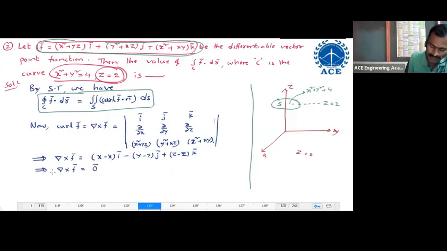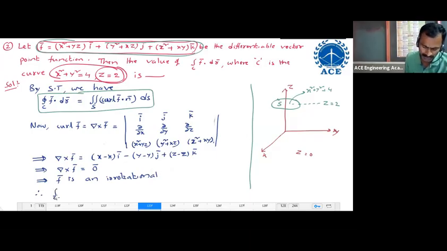When curl is 0 bar, the function is irrotational, which implies f bar is irrotational. Because of irrotational and closed curve, the value of the line integral along the closed curve is 0.